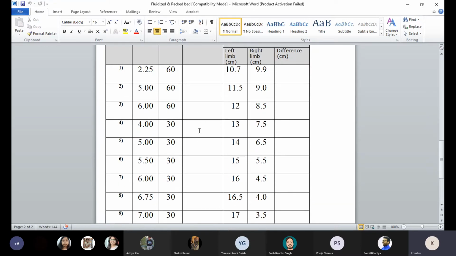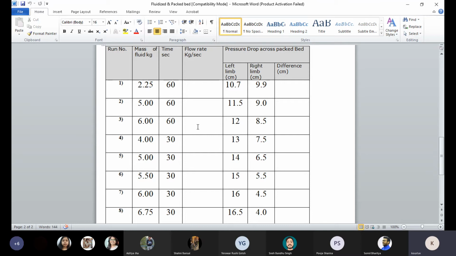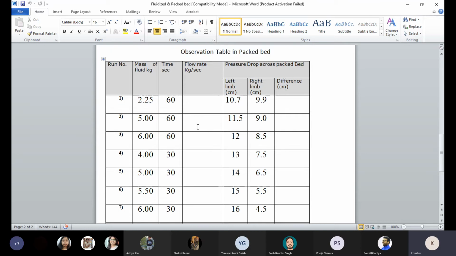We are not using any rotameter or device to vary this, but we use valve operation. We turn the valve to a certain point, allow the flow to happen, and then measure the flow rate.